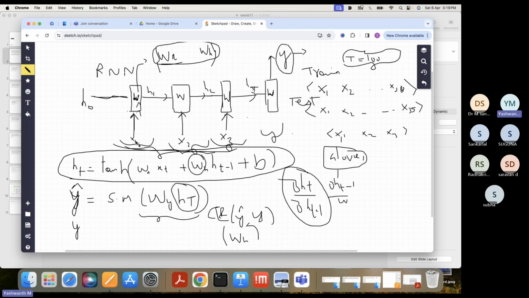You have, say, initial x1 comes here, you use WX and WH to get h1, and again you put x2 here, use the same WX and WH, and you can keep repeating this. So RNNs can handle variable length inputs, unlike your fully connected neural networks. If you change the input dimension, input length, it will not work.